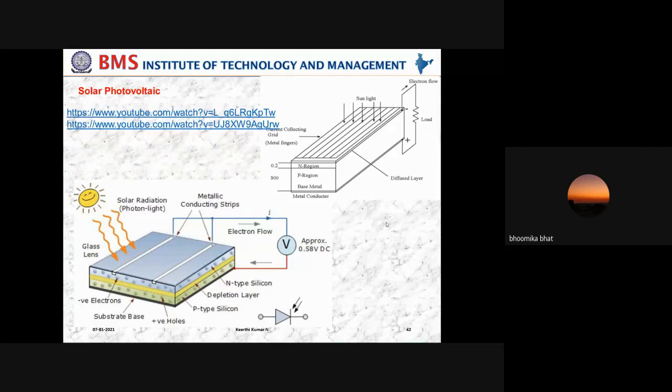The photons absorb energy, and the electrons within the cell material start migrating towards the cell. Towards which cell?